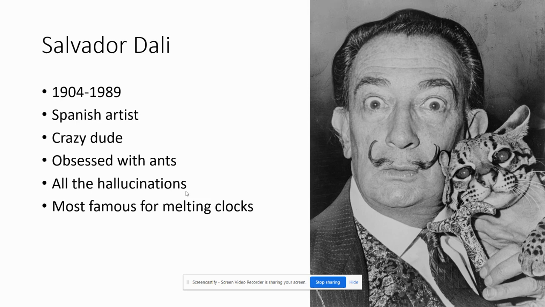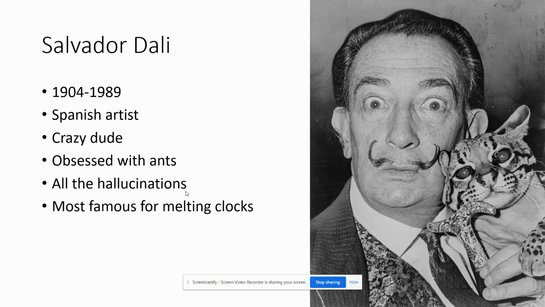So he would deprive himself of sleep to get himself into this weird mind state, and he would also starve himself because of the hormones involved in keeping you full and your body telling you when you need energy. So when these hormones go out of whack, then your brain gets really, really affected, because most of your energy in the food that you consume is used by your brain.